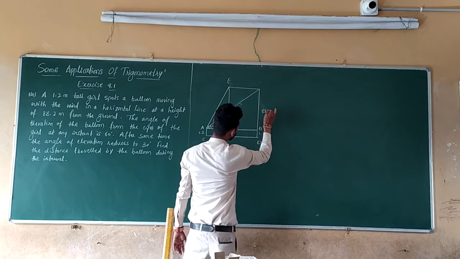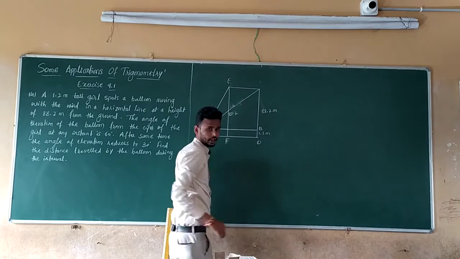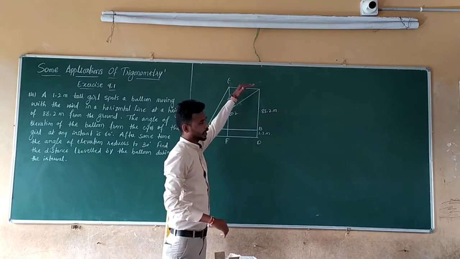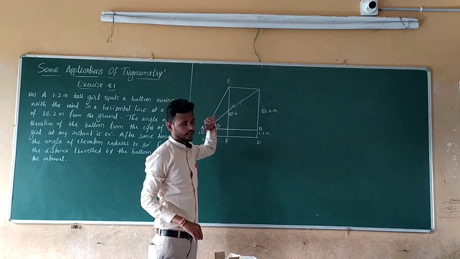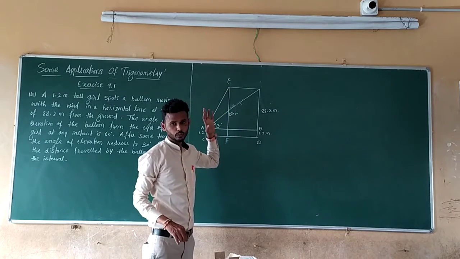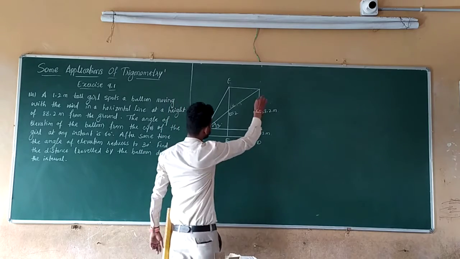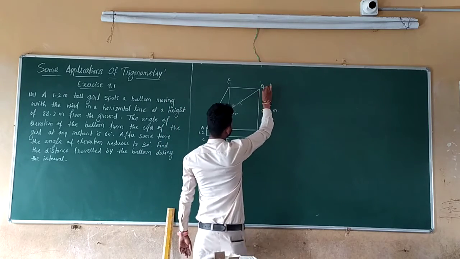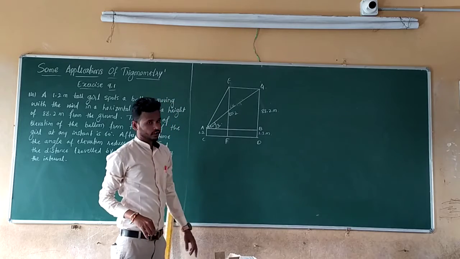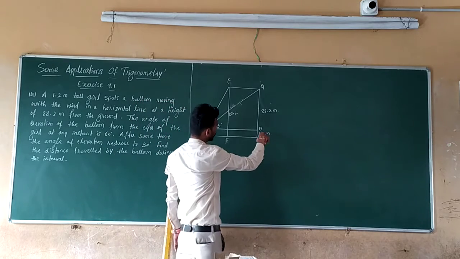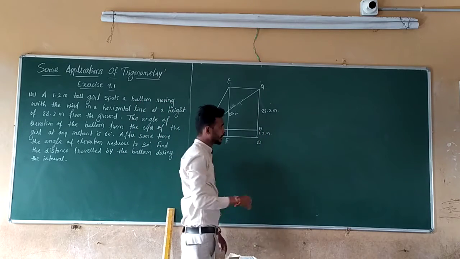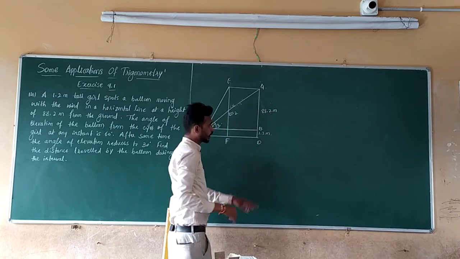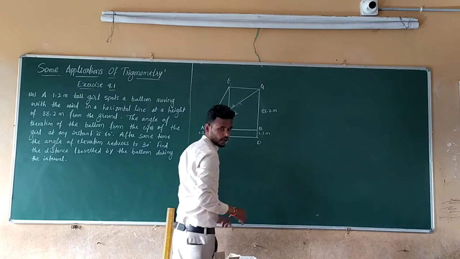Then this will also become 88.2 meter because the balloon will travel horizontally, so the height of the balloon will not change. Let us take this one as point G. So now it is 1.2 meter. Total distance GD is 88.2 meter. Then GB equals to how much?